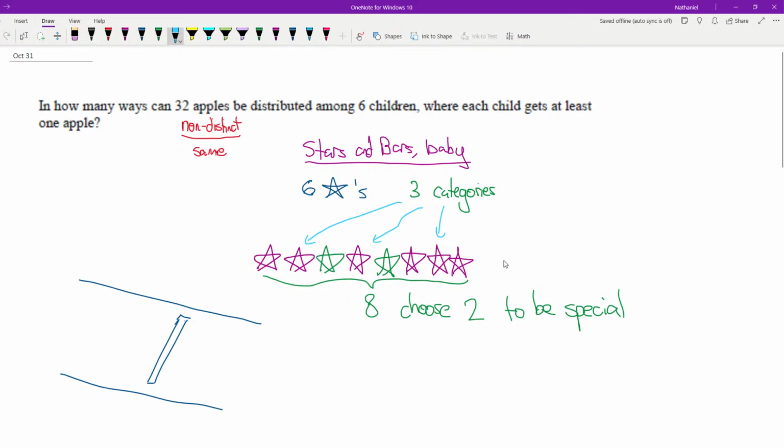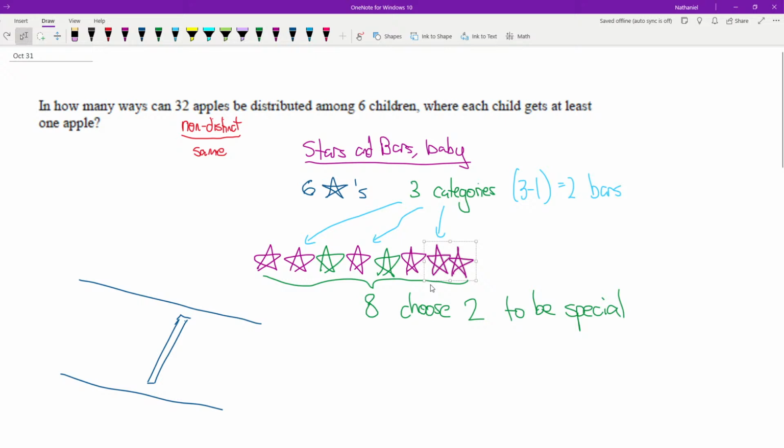So this is actually 3 minus 1, 2 bars is what I need. And that was why I added 2 in the first place. So now we have 6 total stars to actually distribute. If I had done this with 6 from the start, I would only have had 4 left because I had used up 2 of them. So let's not do that.